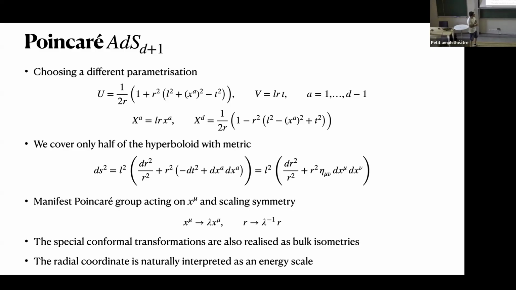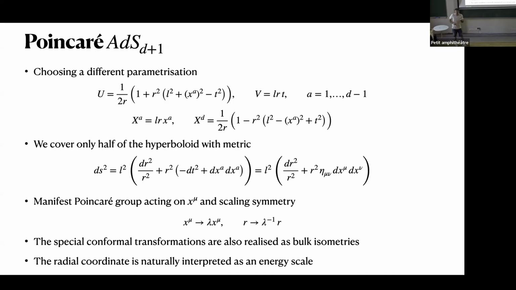So in this coordinate system, or in the Poincaré patch, as we call it, you can immediately see the symmetries of the D-1,1 dimensional Minkowski spacetime. And you can also see the scaling symmetry, right? So if I scale the x coordinates, I also have this extra radial coordinate that if I scale it with lambda to the -1, it will compensate for the extra factor that you would normally get from this Minkowski metric.